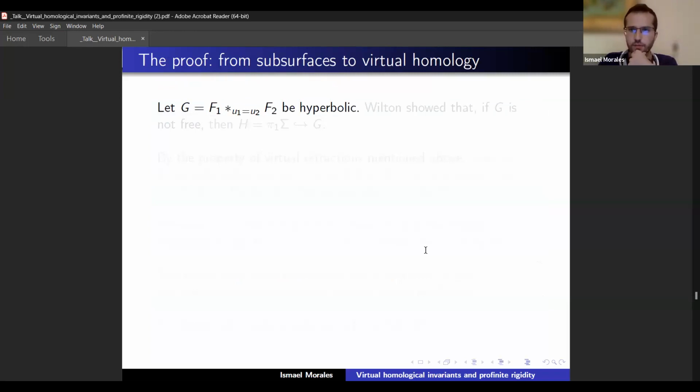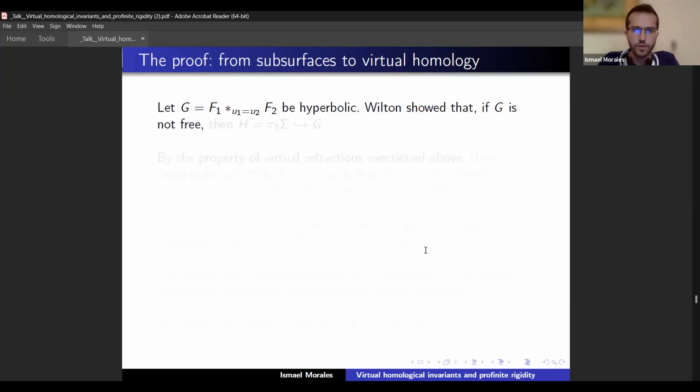Okay, so now I want to talk about how to prove that if a group like this, just a cyclic amalgamation of two free groups, is not free or a surface group, it has infinite virtual second Betti number.